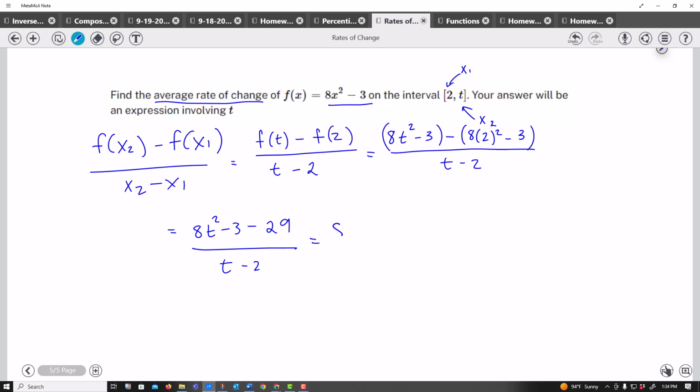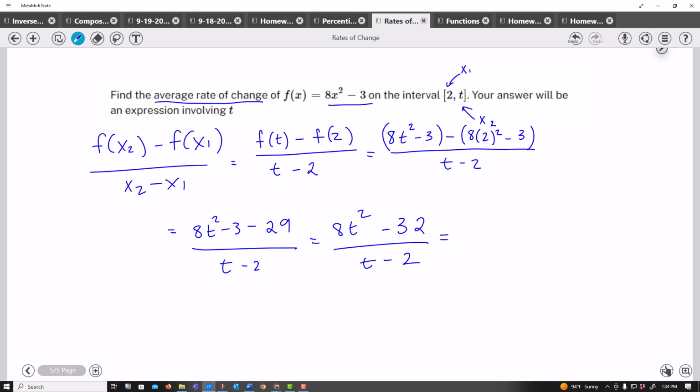So I probably can do something up here. So I have this negative 3 minus 29, which will be negative 32, and t minus 2 on the bottom. And now from here, you could probably see that it looks like I can factor something.